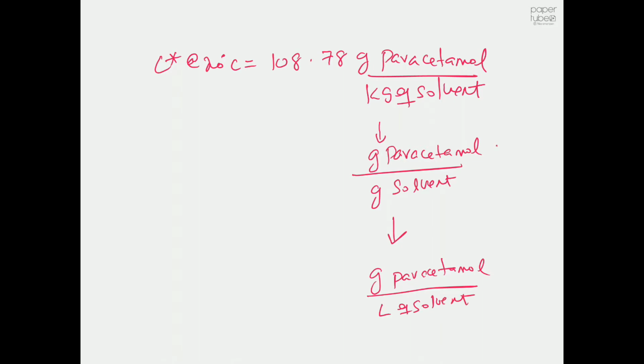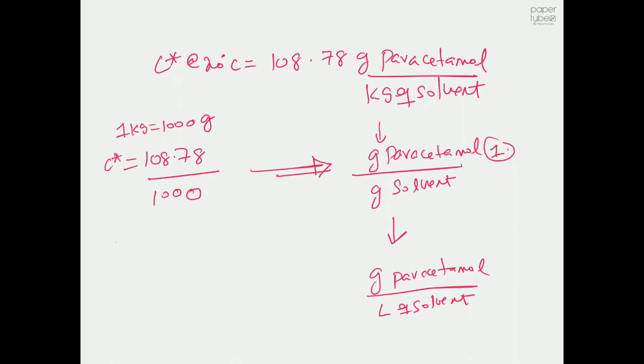Let's call this step 1. This is very easy. C star is equal to 108.78 divided by 1000, since 1 kg is equal to 1000 grams. That gives gram of paracetamol divided by gram of solvent, so this value will be 0.10878 gram of paracetamol per gram of IPA.